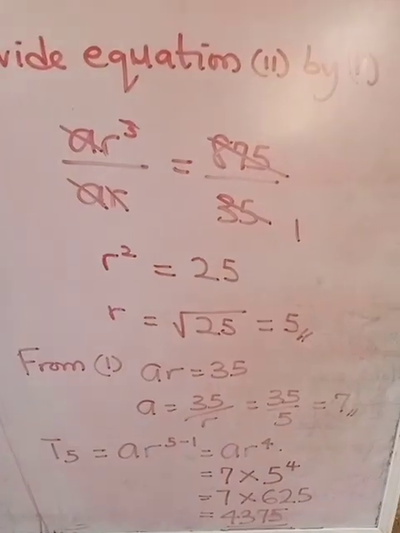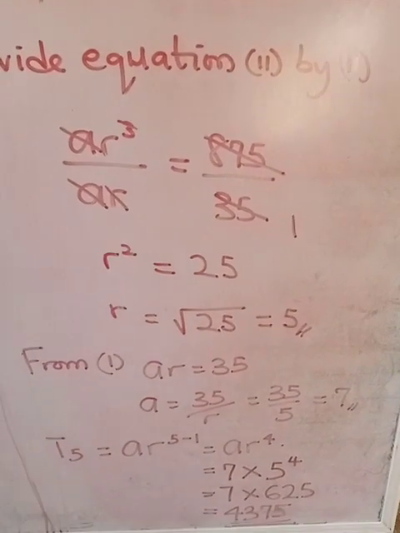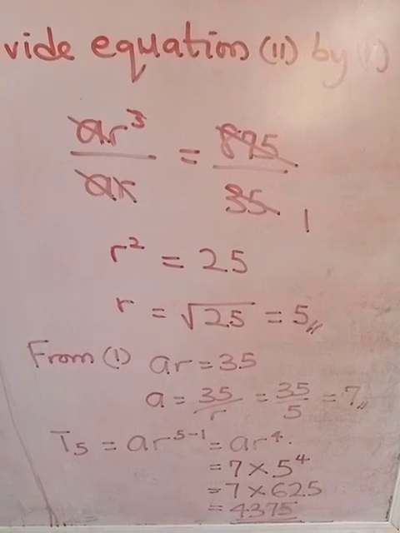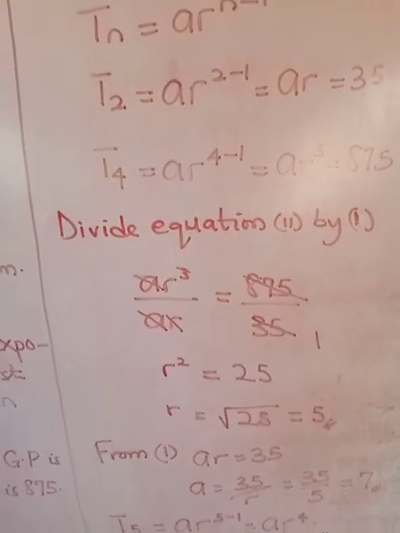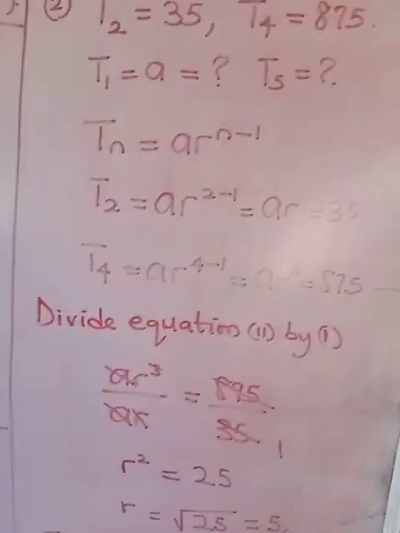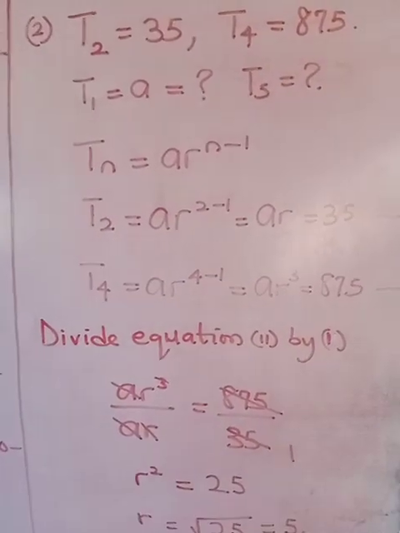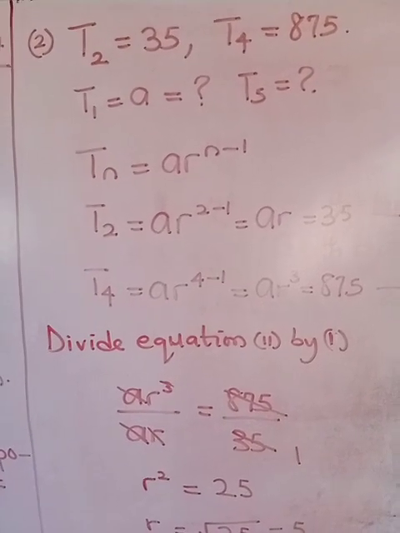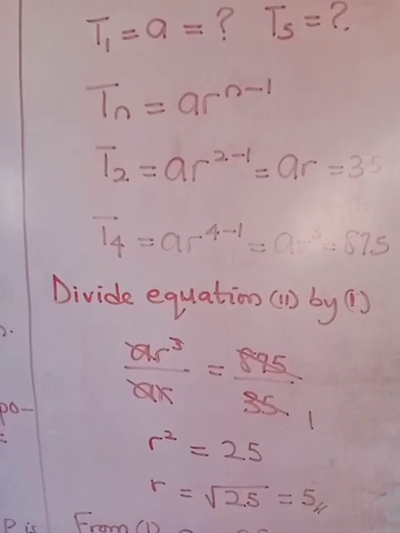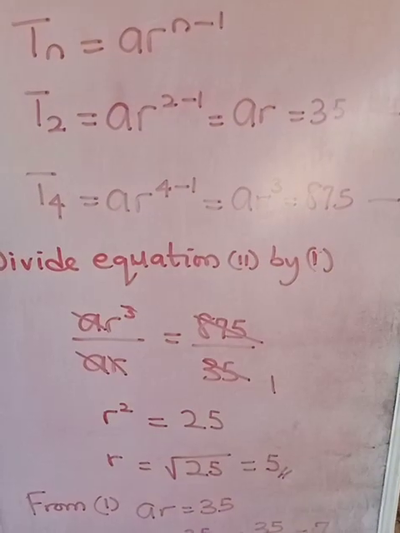So now check it again. It's simple and understandable. Just look at it carefully. From the question, the second term has been given to be 35 and the fourth term 875. Then you have to find the first term and the fifth term. Apply the formula for the nth term of a GP, AR raised to power n minus 1.